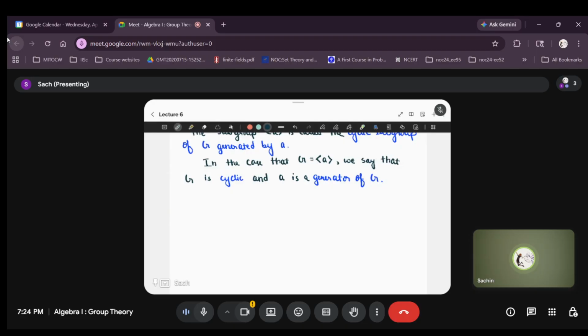Now, one thing to note here is that I said A is a generator of G. So the same cyclic group may have many generators. If a group is cyclic, it does not mean that there is only one generator. I'll give examples.